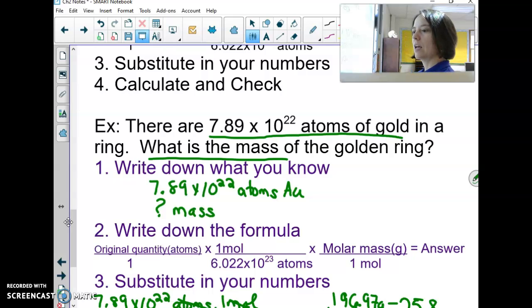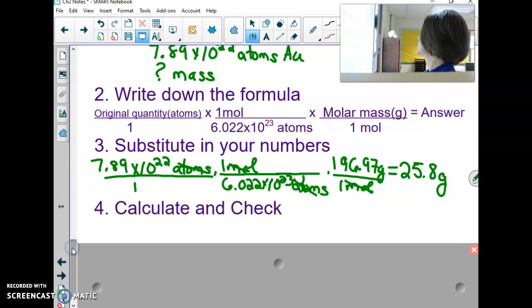So I have a little more than a tenth of a mole, and we know that 1 mole of gold would be 196.97 grams, and a tenth of that would be 19.6 grams.